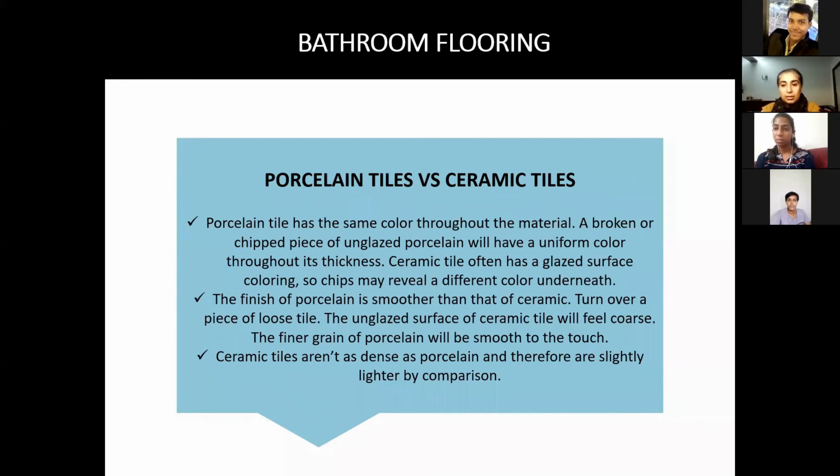You can turn over a piece of loose tile. The unglazed surface of the ceramic tile will feel coarse. The finer grain of porcelain will be smooth to the touch. Then, of course, the main difference which makes the porcelain tiles much stronger is that ceramic tiles aren't as dense, whereas porcelain tiles are much denser, hence stronger, but ceramic tiles are lighter by comparison.